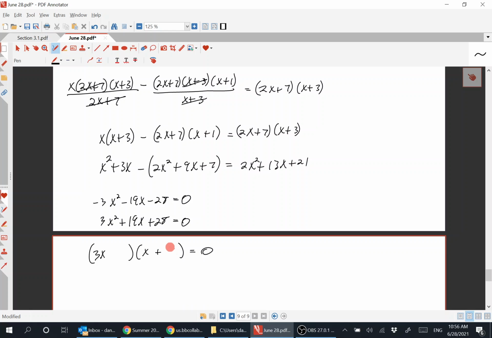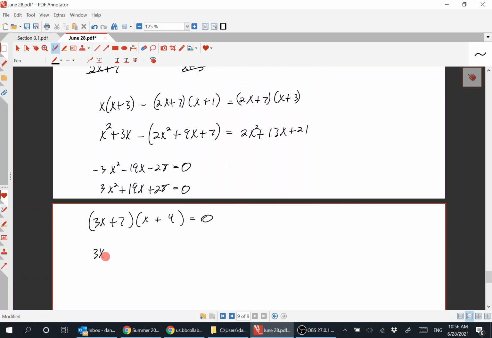So, all right, 7 plus 12, and 7x plus 12x is 19x. So we have 3x plus 7 is 0, or x plus 4 is 0. So this is x equals minus 7/3 or x equals minus 4. Okay. Yes, you're right. That was minus 3. Sorry about that.